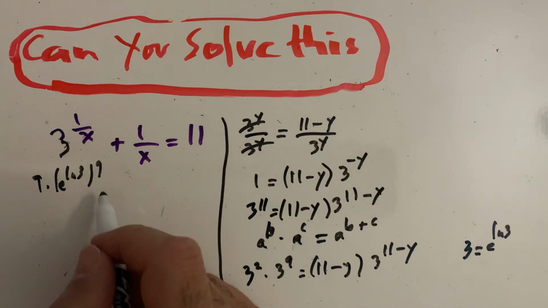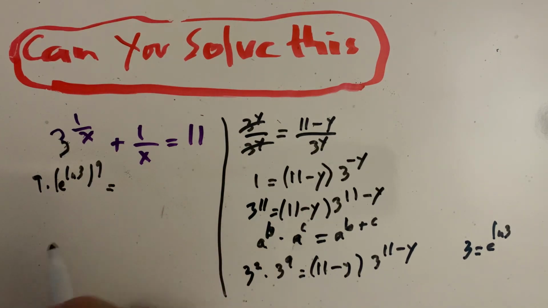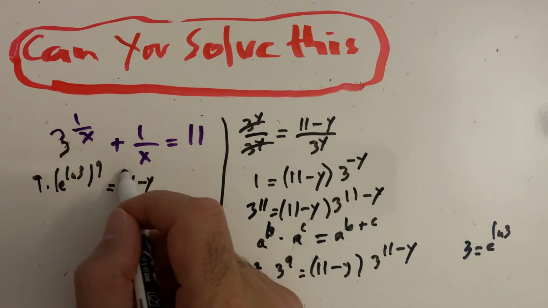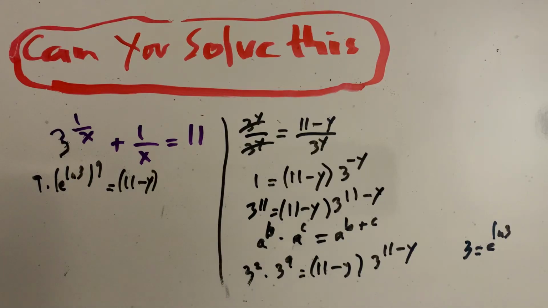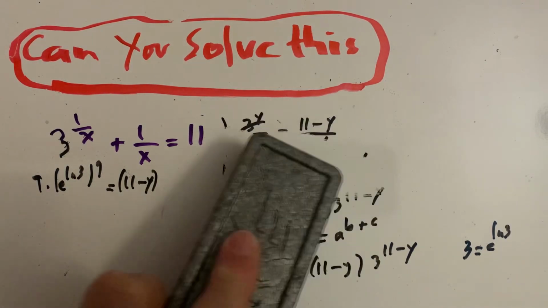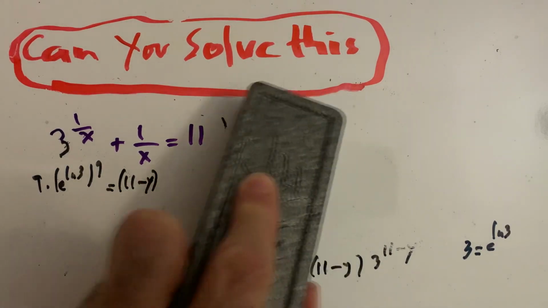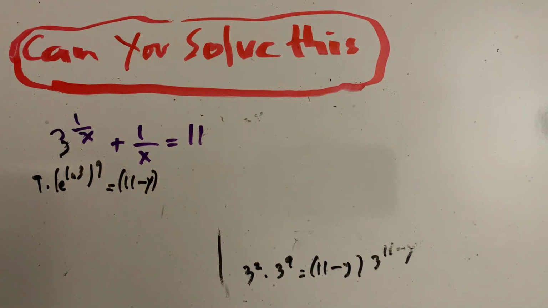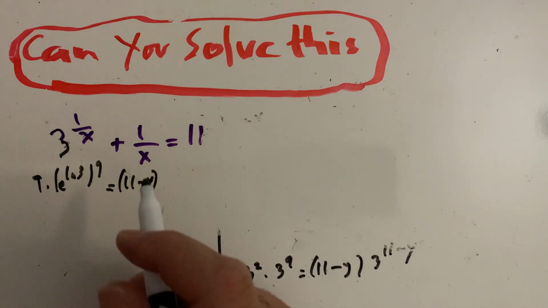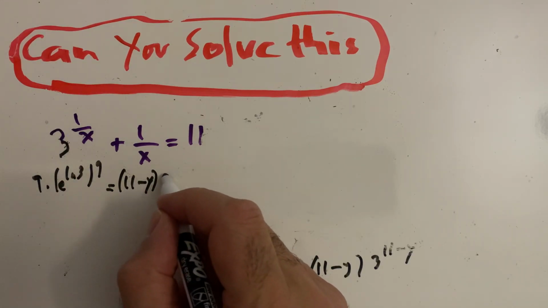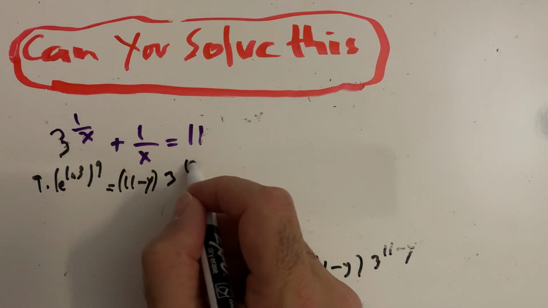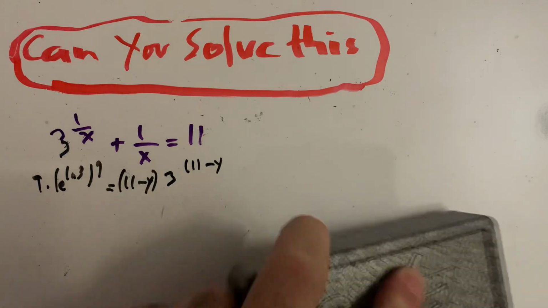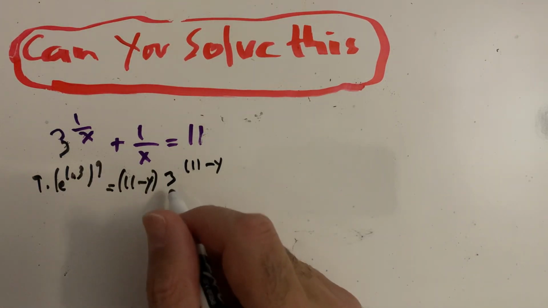And this is equal to 11 minus y times 3 to the 11 minus y. I'm going to erase the rest here, and then I do the same thing with these 3s here.